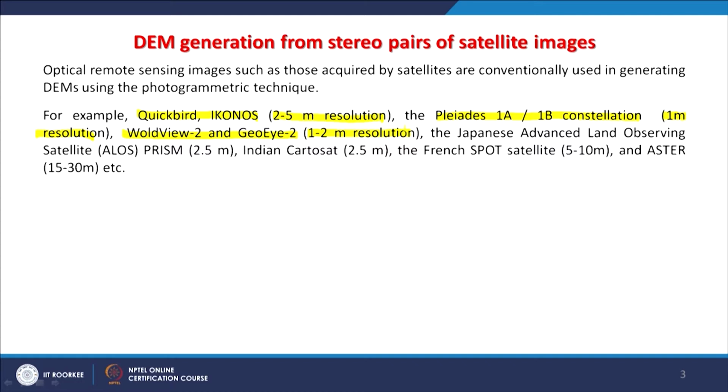For all these satellites which I have discussed, you have to buy the data, which is very expensive. So unless it is really required to have a digital elevation model at 1 or 2 meter resolution, one should think of employing the stereo pairs of these satellites for generating digital elevation models.